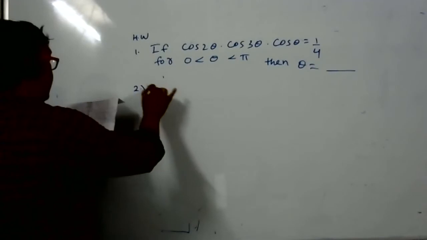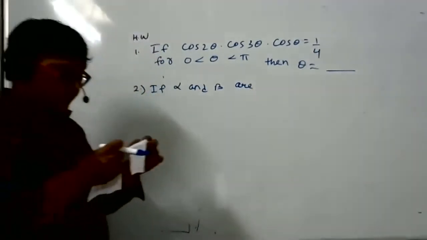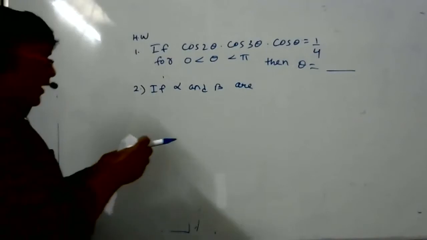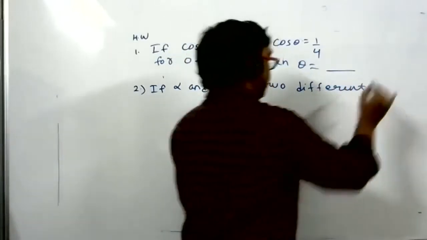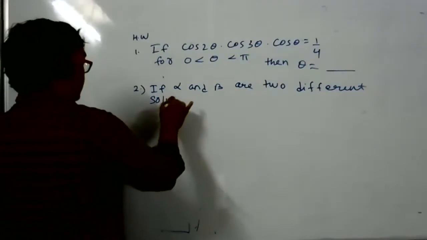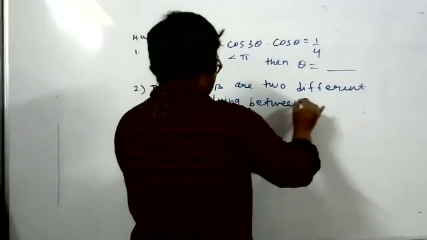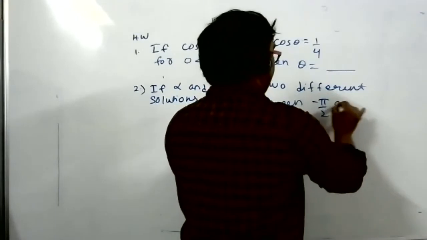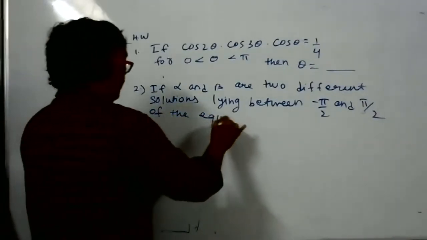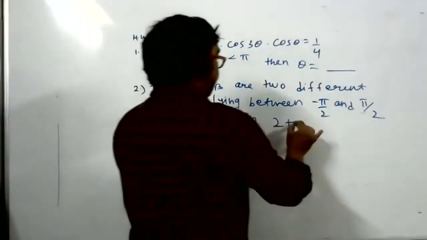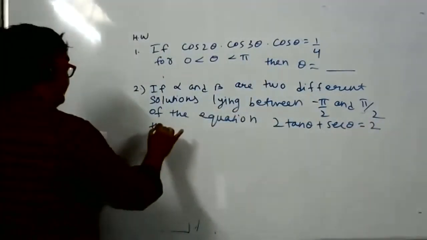Second question. If alpha and beta are two different solutions lying between minus pi by 2 and pi by 2 of the equation 2 tan theta plus secant theta is equal to 2, then this is a good sum.